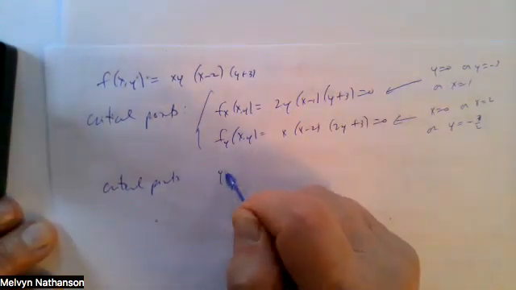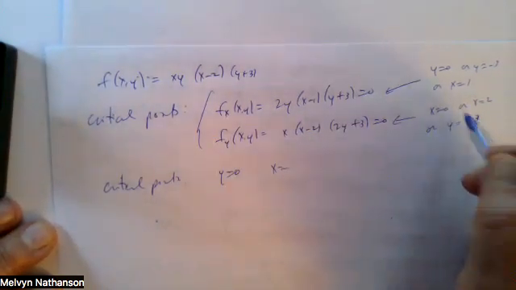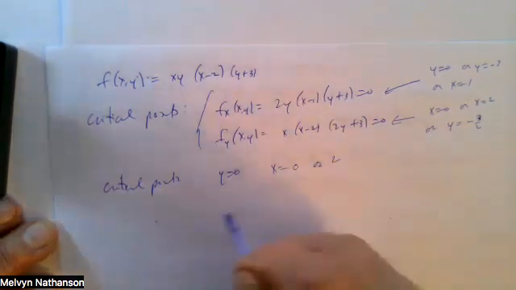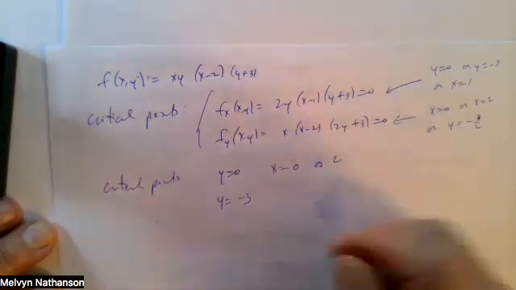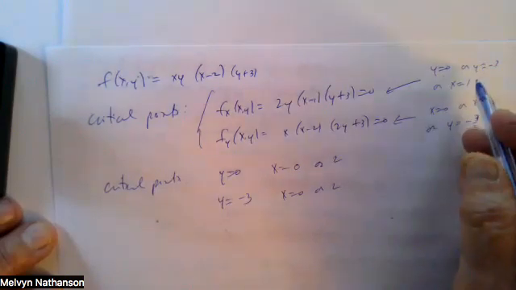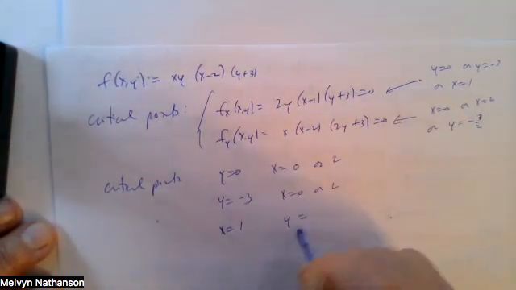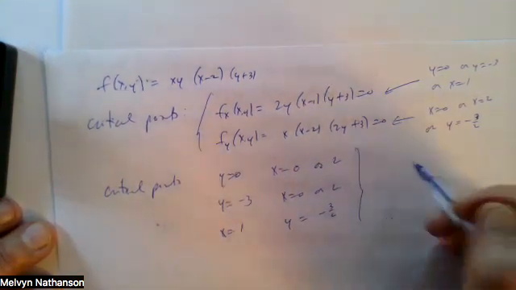If y is equal to 0, then this has to be 0, so x equals 0 or 2. If y equals minus 3, then x equals 0 or 2. And if x equals 1, then y equals minus 3/2. So you get 5 critical points.